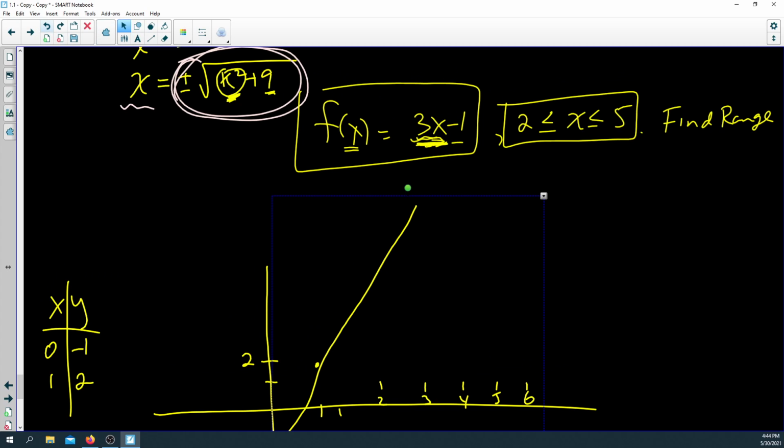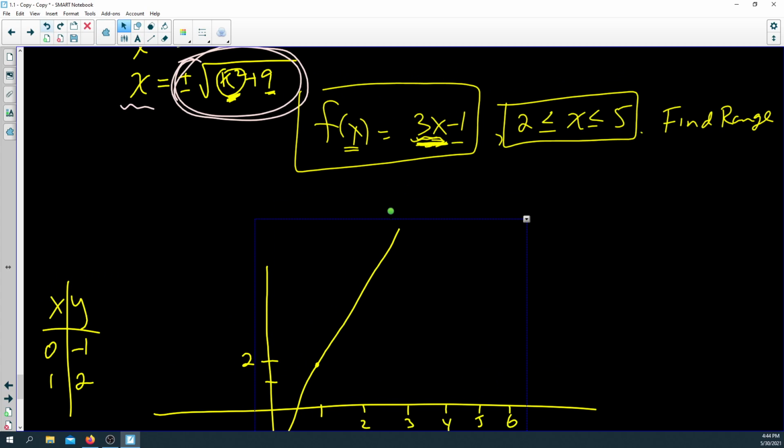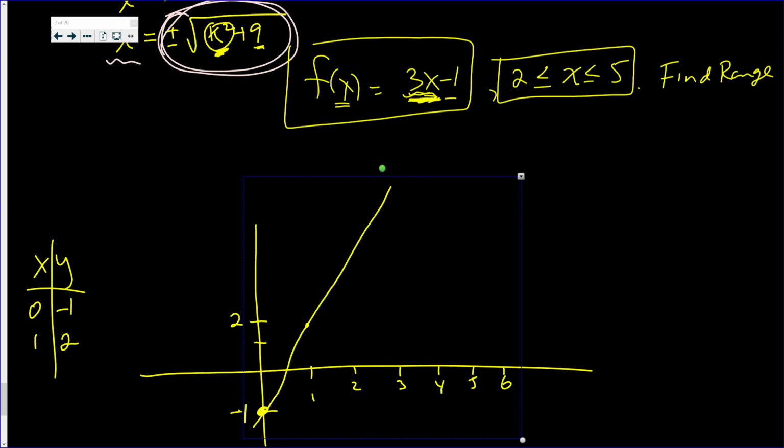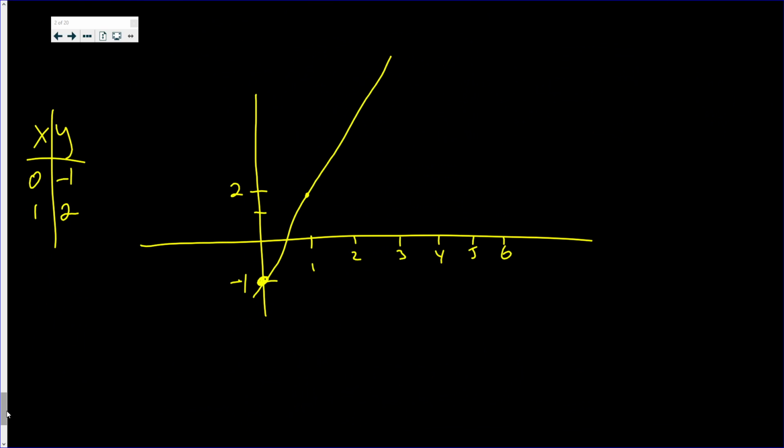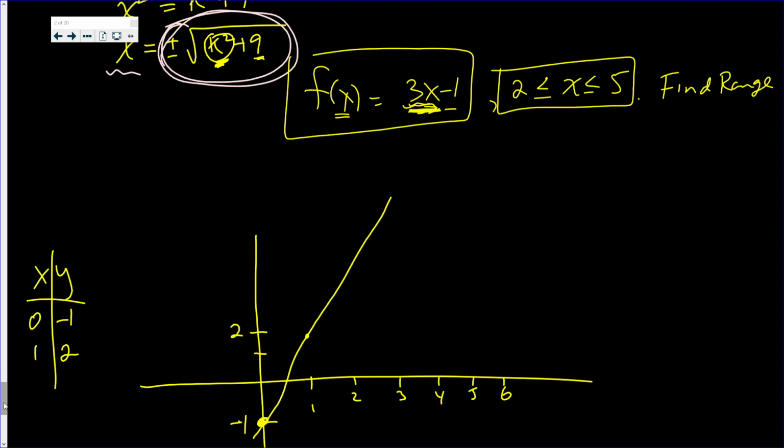Let me undo that last move. All right. So this has to go a little bit higher. Come on, stop doing this. Okay. So this is supposed to go a little bit higher.